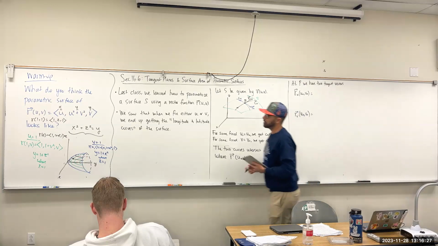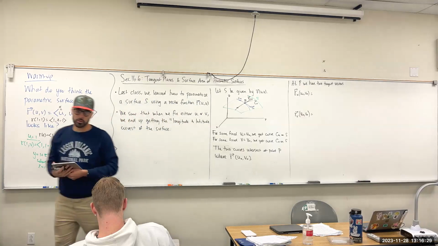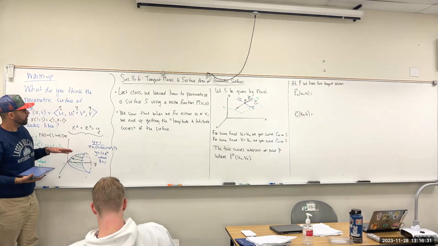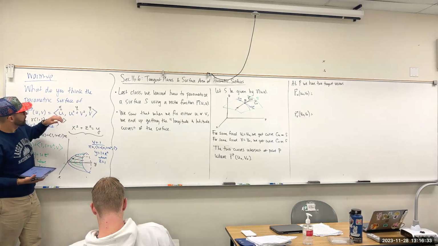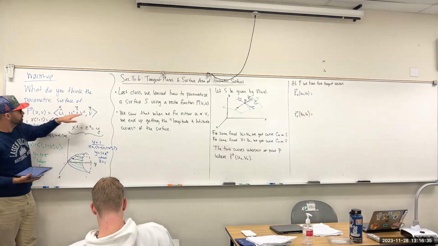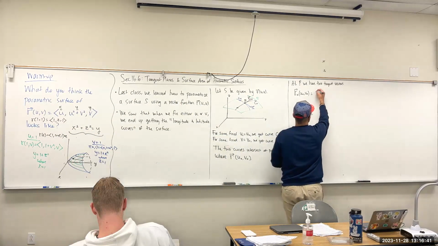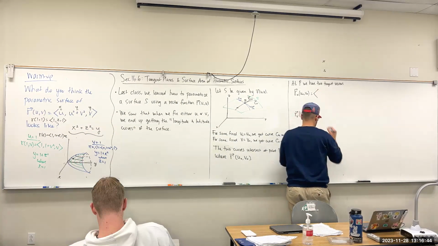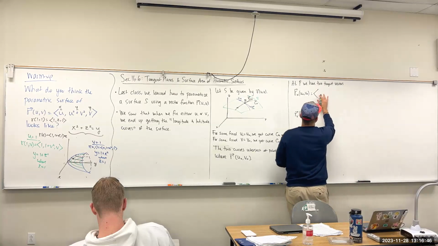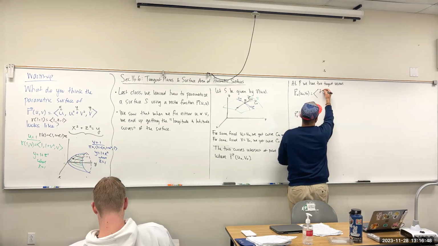And so as you guys guessed it, we're going to want to use partials. We want to study how the component functions of your vector function are going to change, with respect to u.